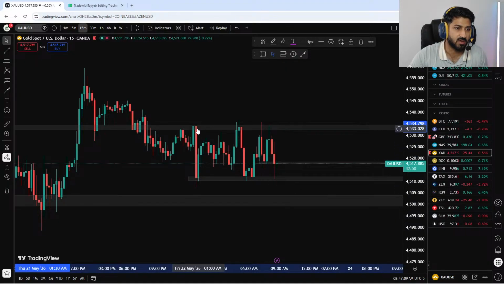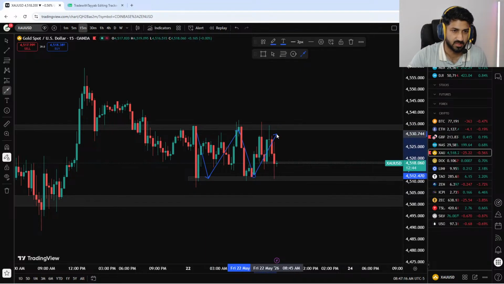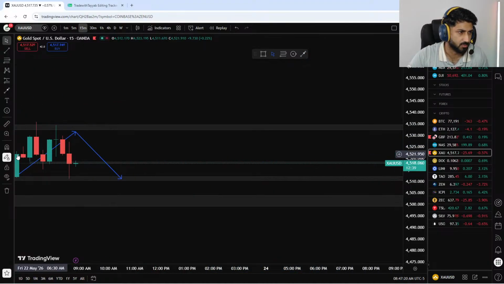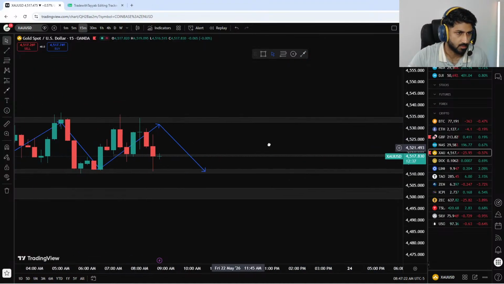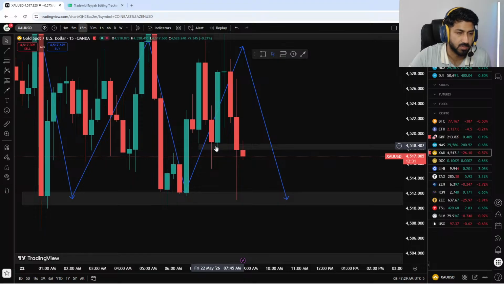So as of right now, price is still in consolidation, right? You can see price is still in consolidation. Even if we zoom in right here, I wanted to take a sell based on this candle closing below this area.